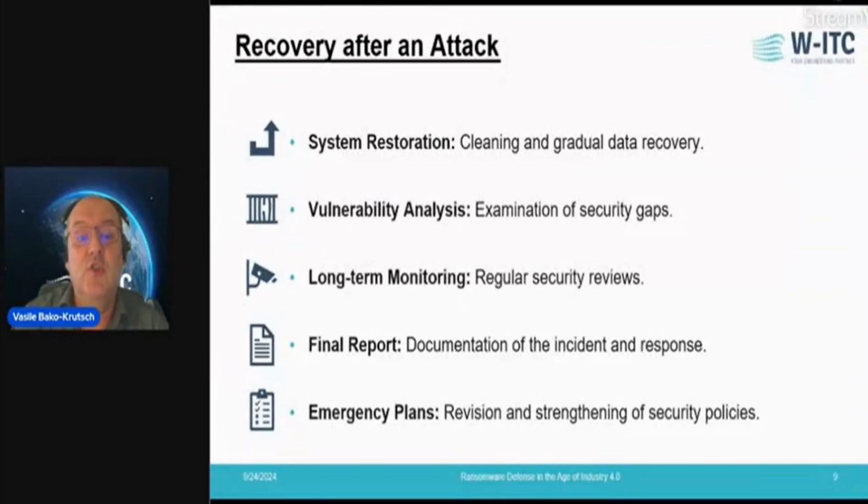Additionally, organizations should also establish incident response playbooks, not only one, more than one, that provide detailed guidance on how to handle different types of ransomware attacks. This will ensure a consistent and effective response not only to ransomware but also to other security issues.